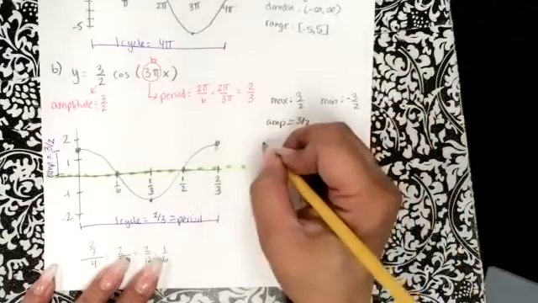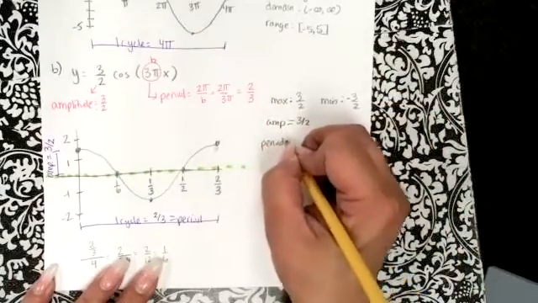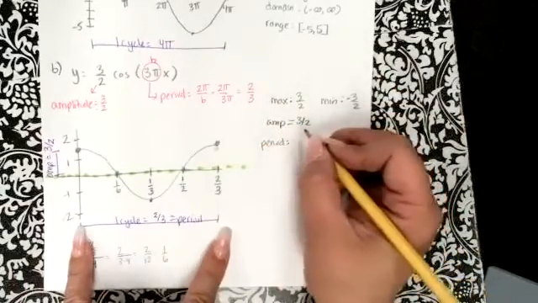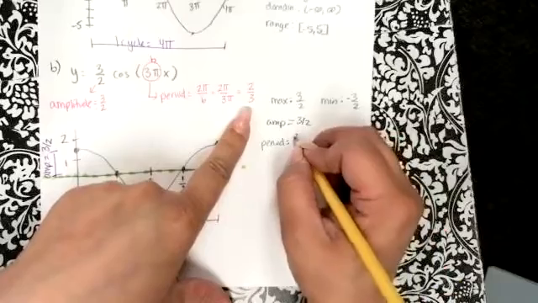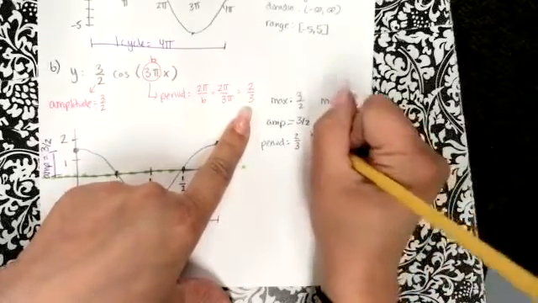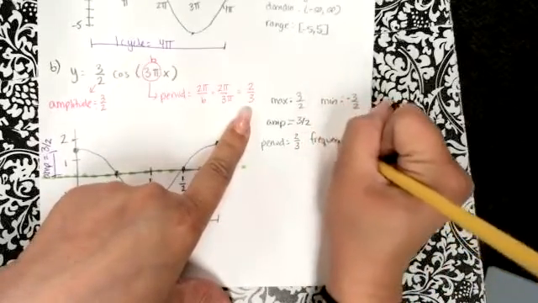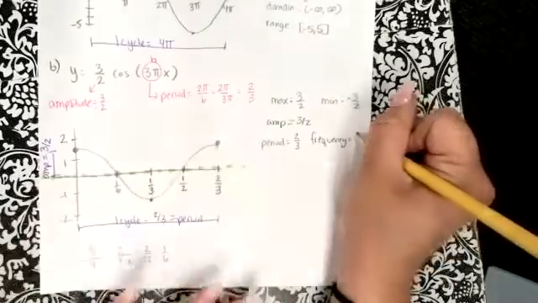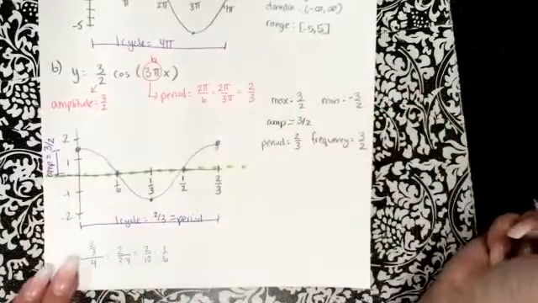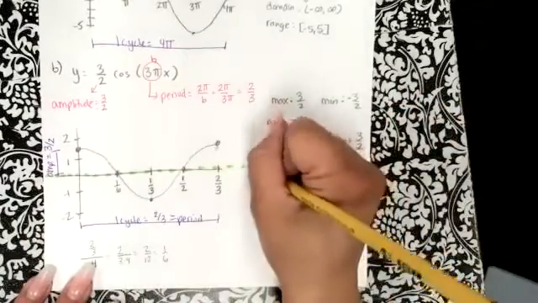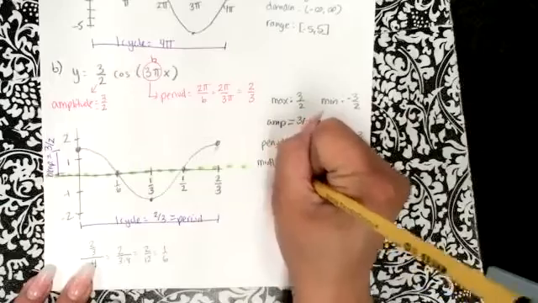Now the period here is going to be the 2/3. And for the frequency, you are doing the reciprocal, which is going to be 3/2 now. The midline is y equals 0.